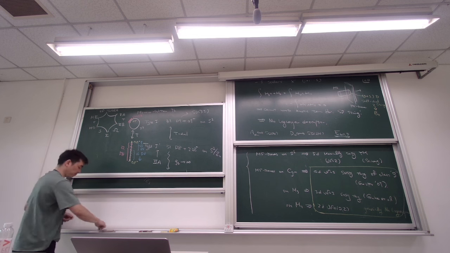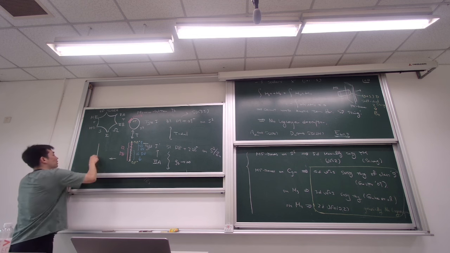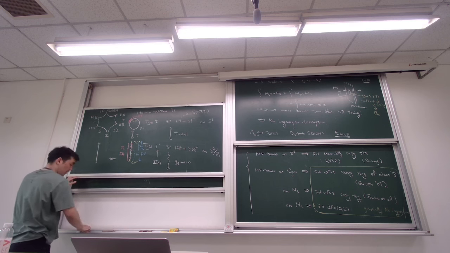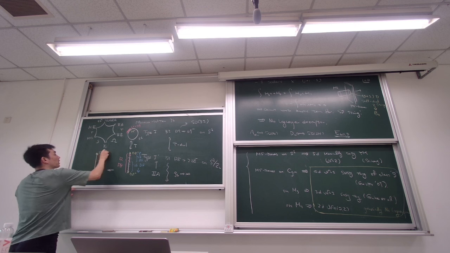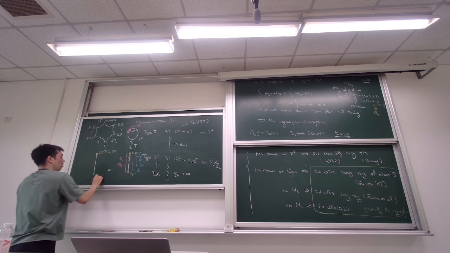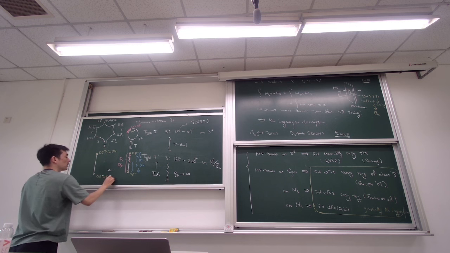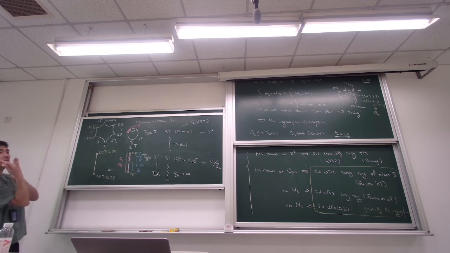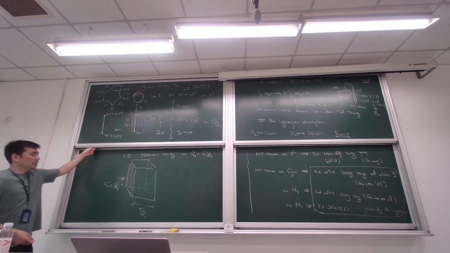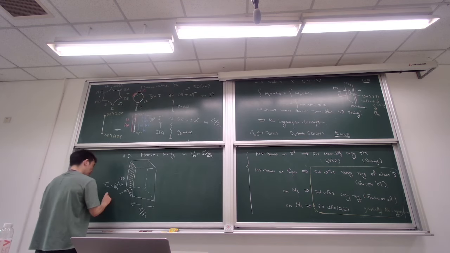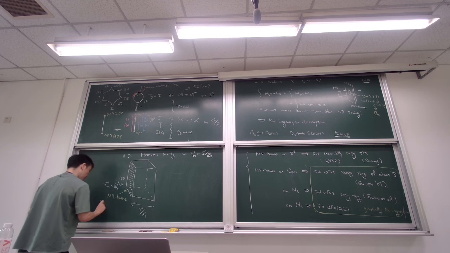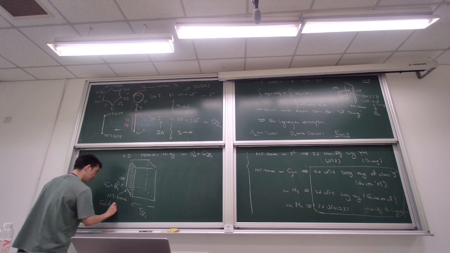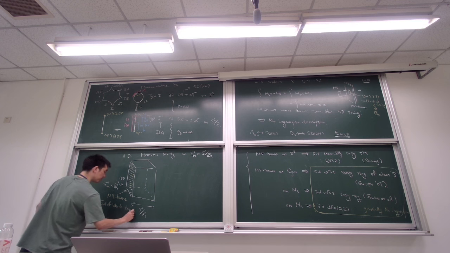At each end you have O8 minus plus 16 D8, and they lift to heterotic M theory. That creates the so-called M9 brane, or end-of-the-world brane.